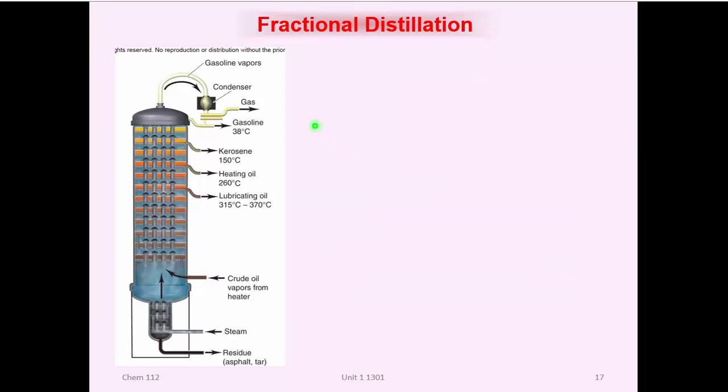So here's a diagram of a fractional distillation column that might be used in industry, and what you see is that steam generates the energy needed to vaporize, and at each level there's a vaporization and recondensing. As these recondense, after you've gone up a few times, you can start getting out the components because they are fractionally preferred as you get higher and higher in the column.